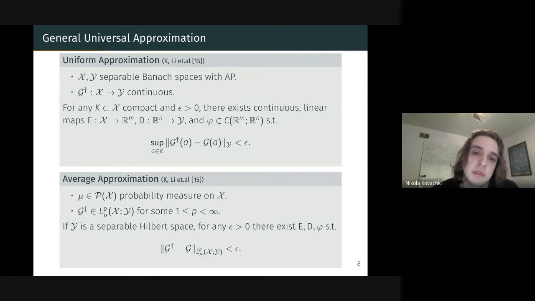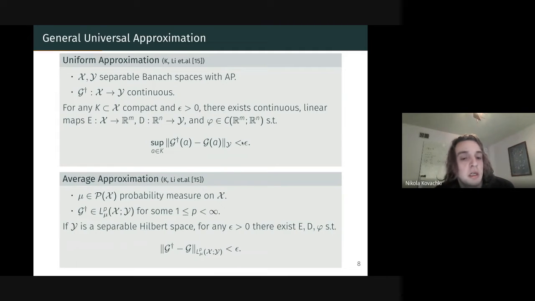That's a very general assumption on the two input and output spaces. And if we take G dagger to be continuous, then we can always find, in the uniform norm for any compact set, an encoder, decoder, and a continuous map between them for which we have this universal approximation.